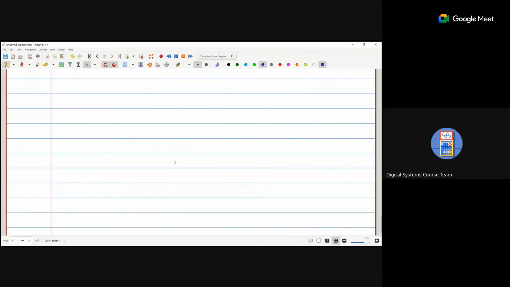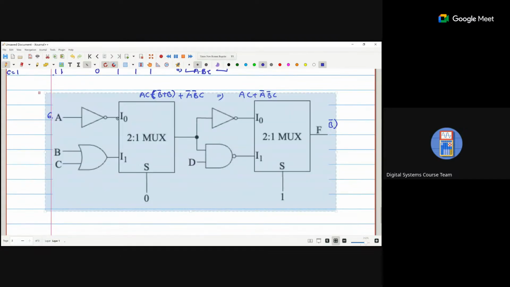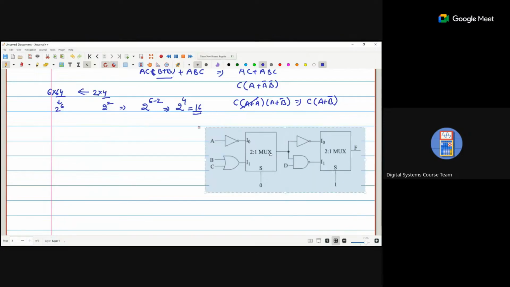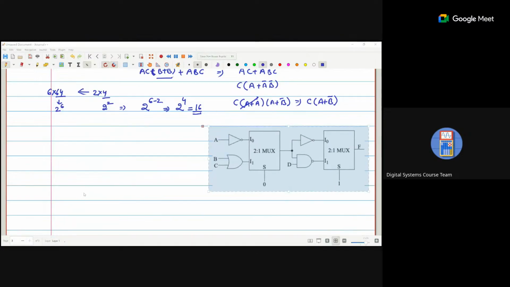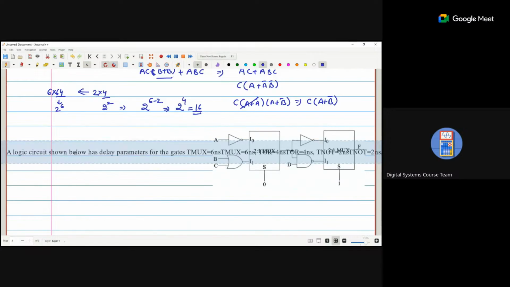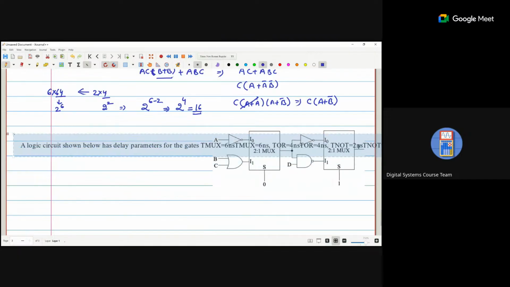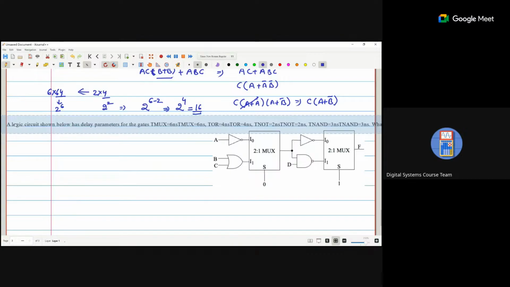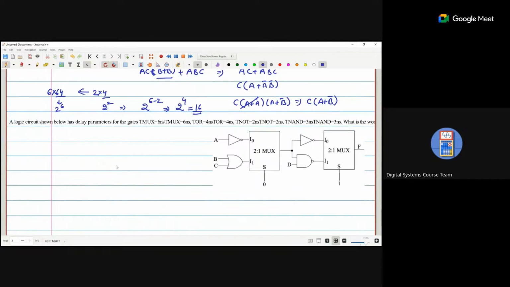Okay, the last question is, so it says that the time delay for mux is 6 nanosecond.